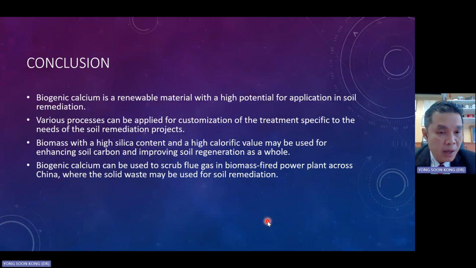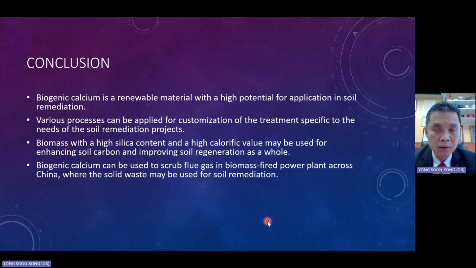Okay, biomass with high silica content, and in this case, the high calorific value of palm kernel shell, can be used to enhance soil carbon by introducing more biochar while at the same time immobilizing the heavy metals in the soil. So biogenic calcium can be used in the scrubbers of the many biomass-fired power plants across China.